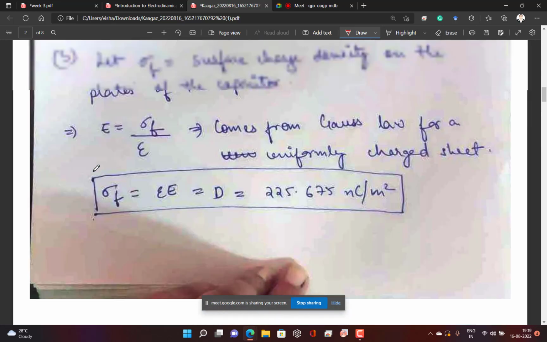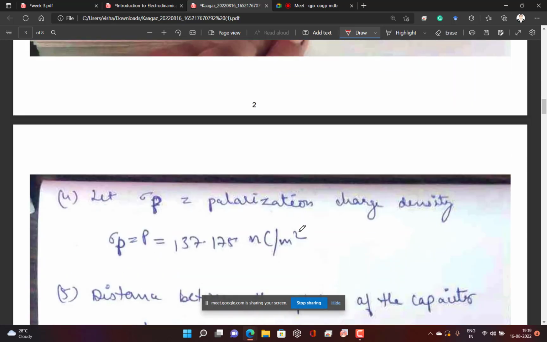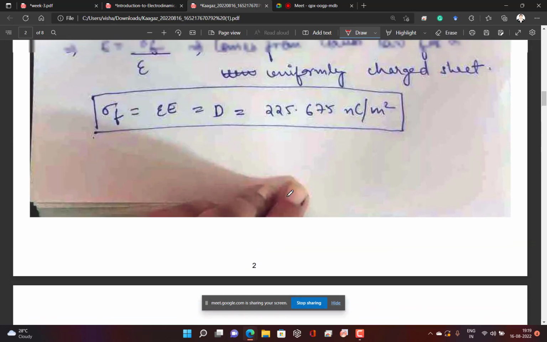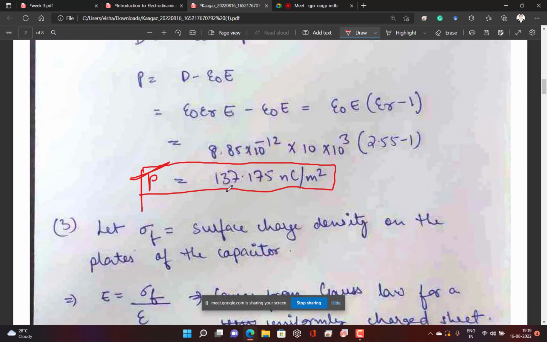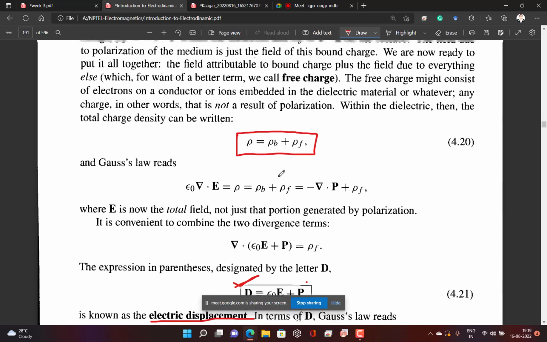We have already found out the polarization P, so sigma P can be written as equal to P, and we have already found the value of P, that is 137.175.